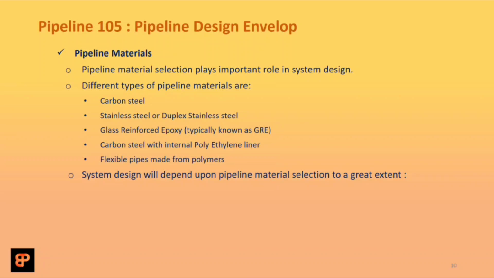System design will depend upon the pipeline material selection to a great extent, as I explained earlier also. So let us see some examples, like CS pipeline. If we are talking about the bare CS pipeline, then the service fluid will have some corrosive impact or corrosion effect on the pipe surface.